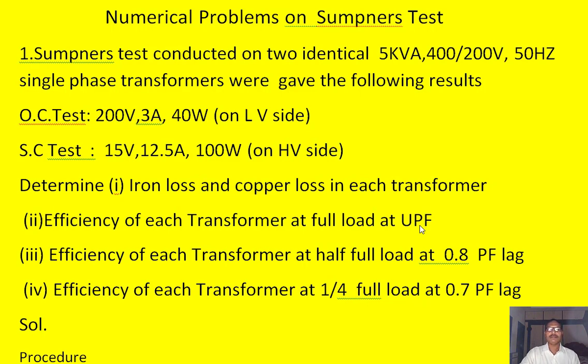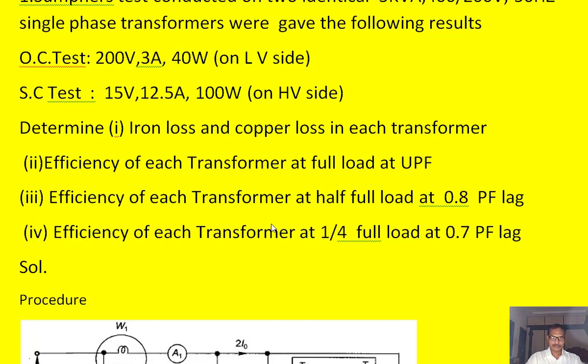Here VI is the rating of the individual transformer, the kVA rating or VA rating of the transformer. Let me first tell the procedure to be followed to solve this type of problem. First I will tell the algorithm, then we go to the actual solution of this problem.